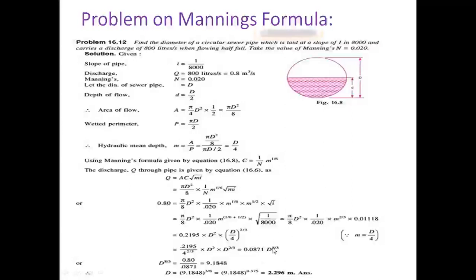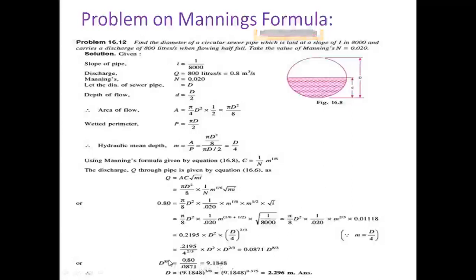Now you need to find out the value of d. So this value comes to the left side: d power 8 by 3 equals 0.8087 by 0.0871. Finally, 9.1848 value is getting.